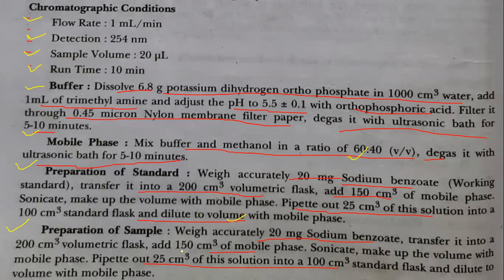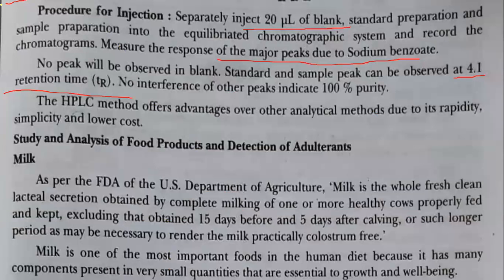Okay, now for the sample preparation, take 20 mg of sodium benzoate, transfer it into a 20 ml volumetric flask, add 150 ml of mobile phase, sonicate, make up the volume with the mobile phase. Okay, and pipette out 20 ml of solution into a 100 ml volumetric flask and dilute to the volume with the mobile phase. Okay, so by dilution we have to pass both the standard and the sample solution through the column.